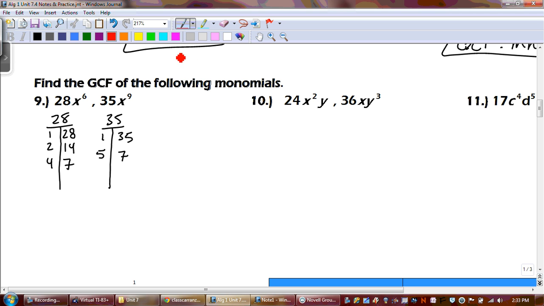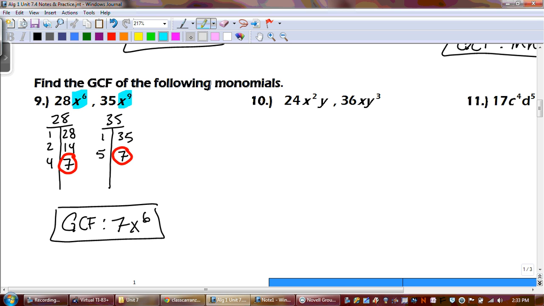So what's the highest number they both have in common? It's 7. But now our GCF isn't just 7. What about the variables? We have to look at what variables they both have in common, and then what's the smallest of those exponents? And it's 6. So our GCF is 7x to the 6th.